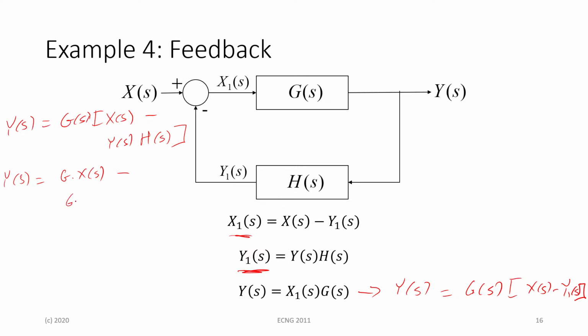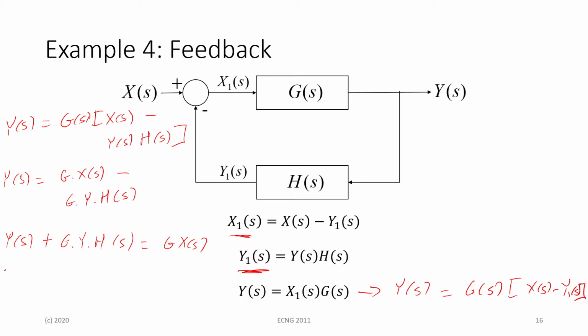So let's carry across all the y components onto our left hand side of the equation. So we get y of s plus g y h of s equal to g x of s.